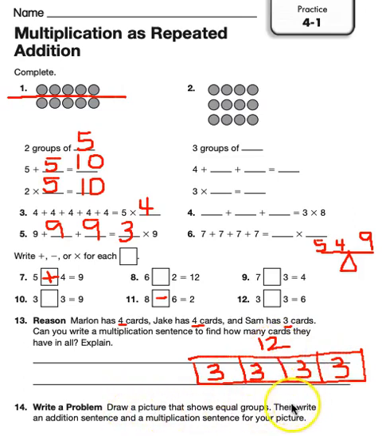Now, so when you're drawing your picture, it's going to look similar to this. It may look a little bit different, but it should have multiple. So instead of a regular just part, whole, it's going to show multiple parts. It could show lots of parts depending on the problem that you choose. But it should look something like this in that it will have multiple parts.